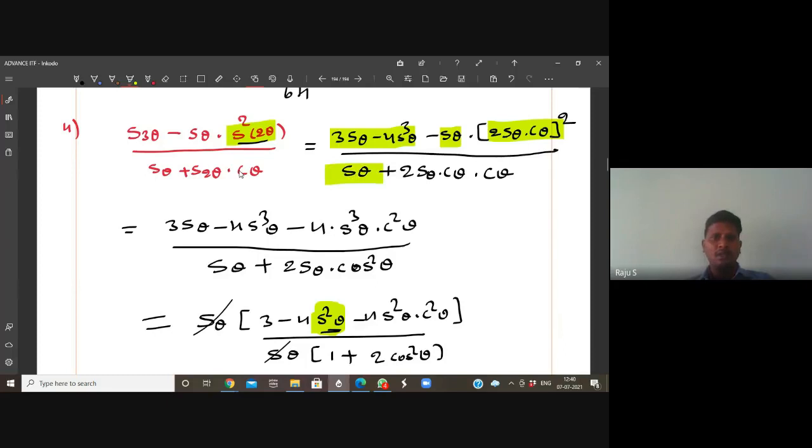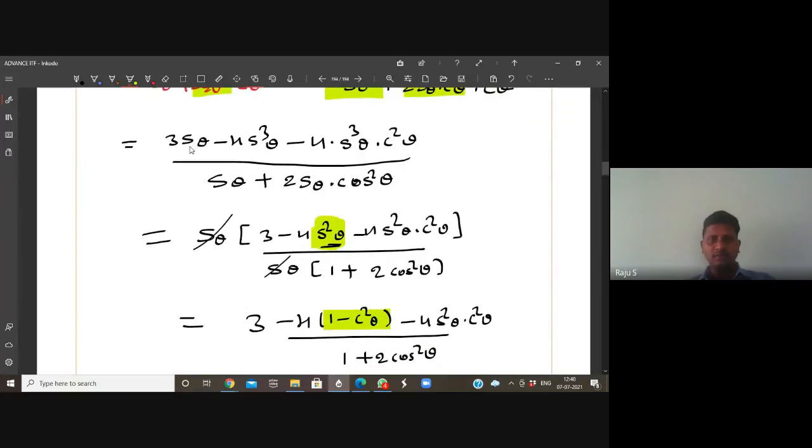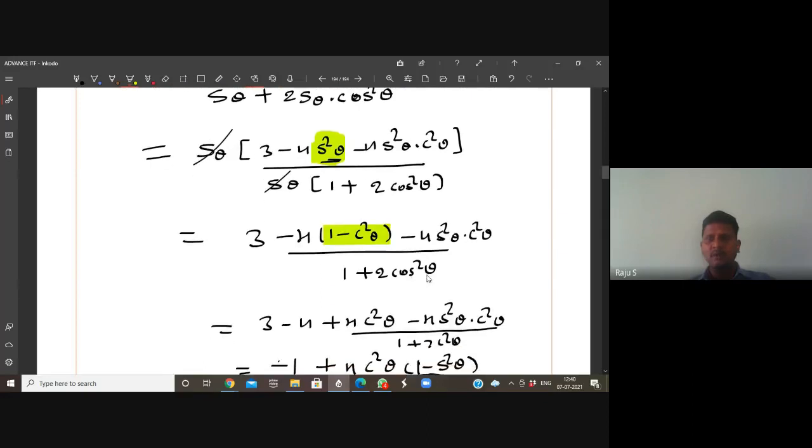Then sine theta is common in all the functions, so numerator and denominator we cancel. The sine square theta can be written as 1 minus cos square theta, because in the denominator we have only cos square theta.